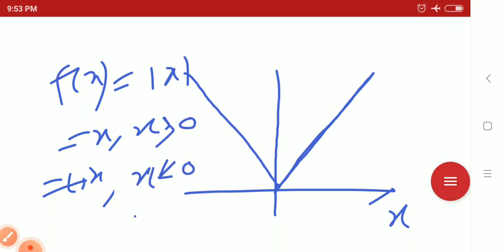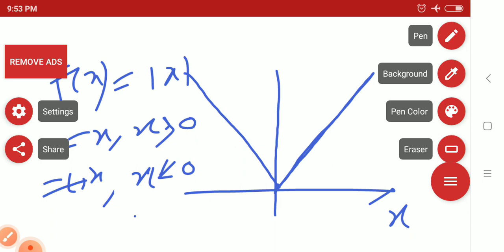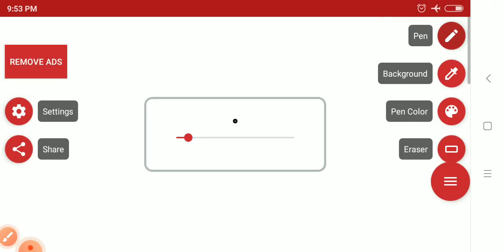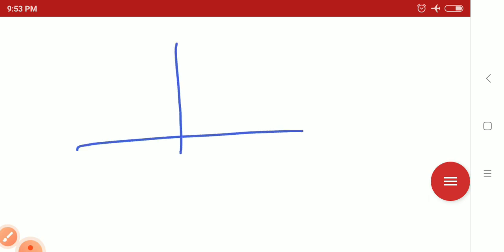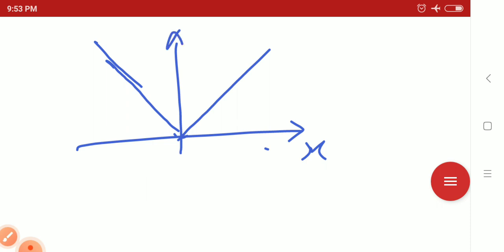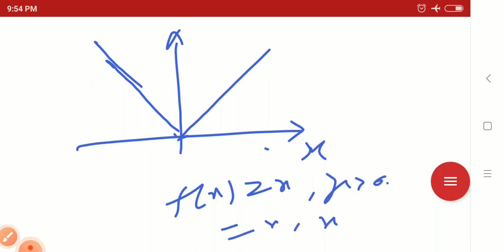It's a very interesting example. So f of x equals mod of x, and we have to decide whether it is discontinuous or continuous, differentiable or not differentiable.